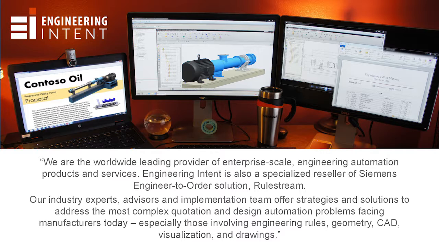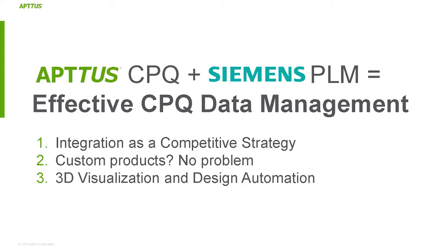All right, very interesting. Okay, well, thanks everyone. We're approaching the time. So on the next slide, what I'd like to do is wrap up here. You've heard various different strategies and use cases and how that can affect CPQ data management. And integration is certainly one of the key drivers of that. It can be a competitive strategy.